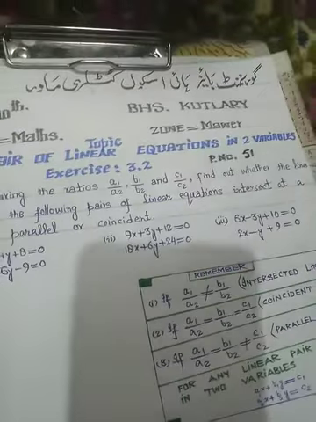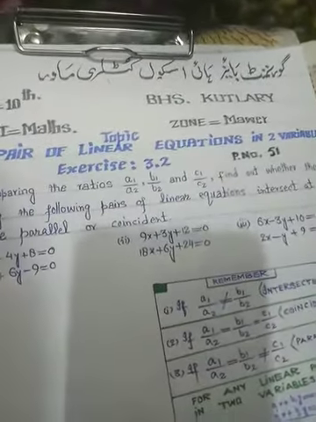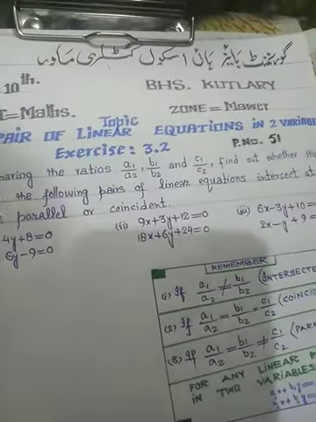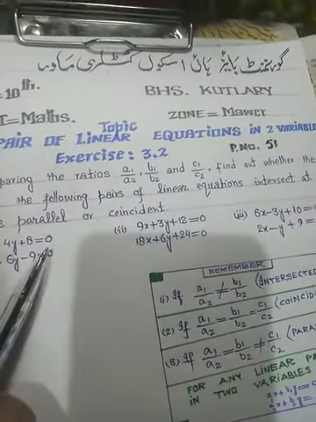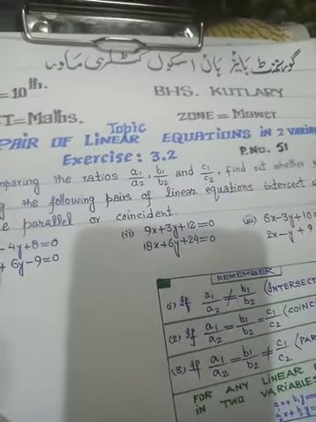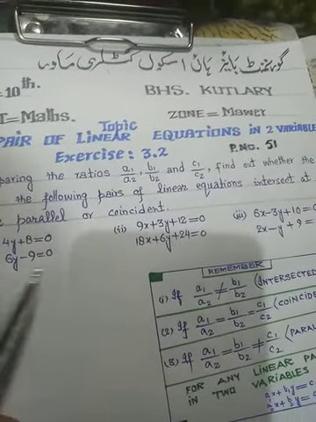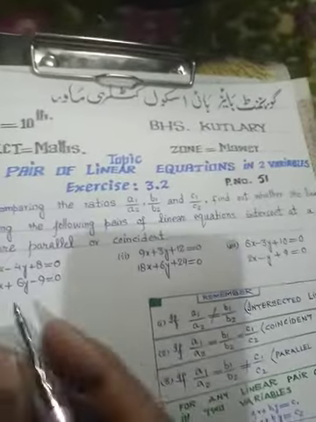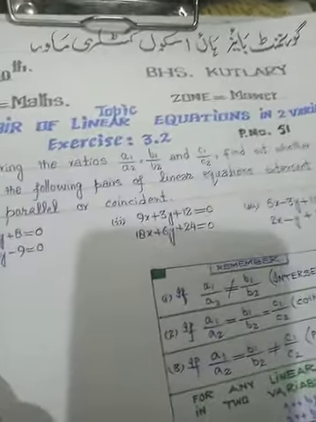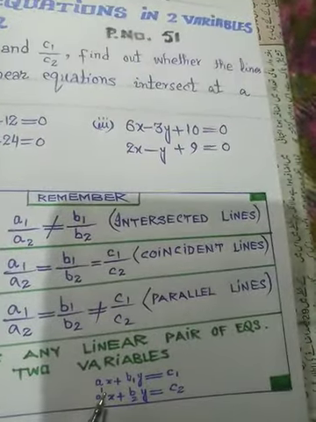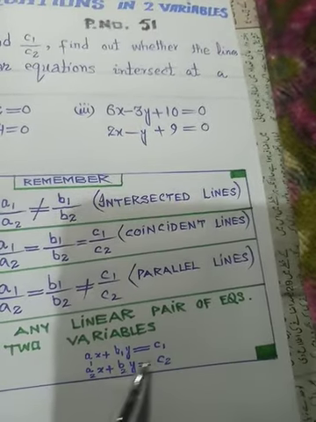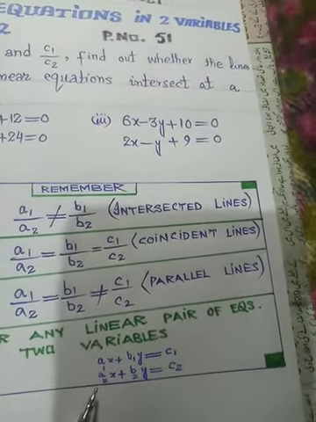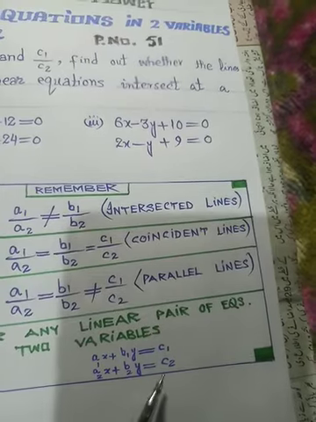First of all, we will try to get the solution of the first equation, which is 5x minus 4y plus 8 is equal to 0, and the second one is 7x plus 6y minus 9 is equal to 0. First of all, we will convert this pair of linear equations into the form a1x plus b1y is equal to c1 and a2x plus b2y is equal to c2.